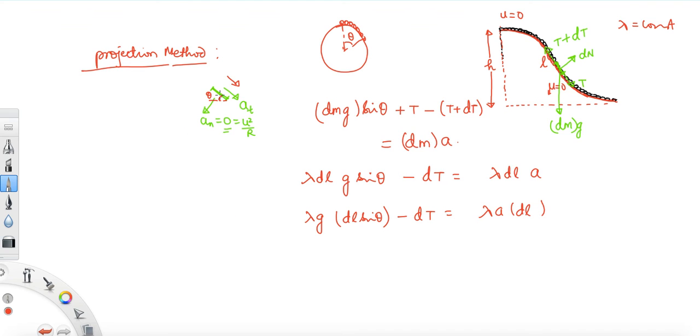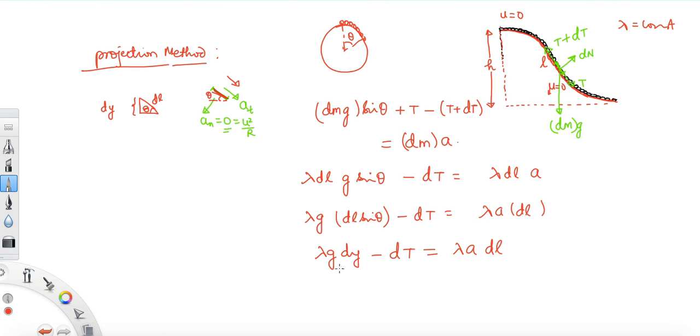Now look at dl sine theta. What is dl sine theta, by the way? In this triangle, if this angle is theta and this is dl, this side is dl sine theta, which I am writing as dy. So dl sine theta is dy, and it becomes lambda g dy minus dT equal to lambda a dl.